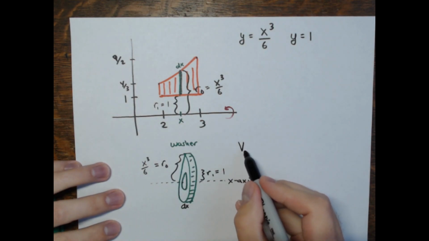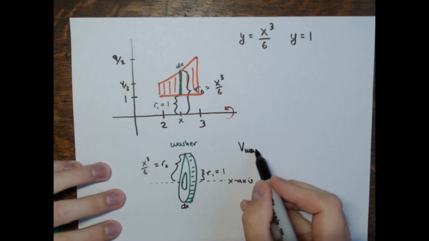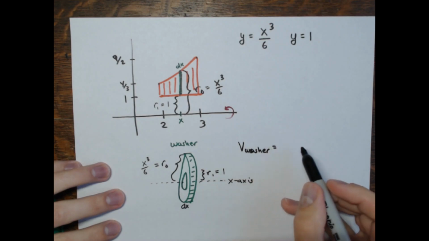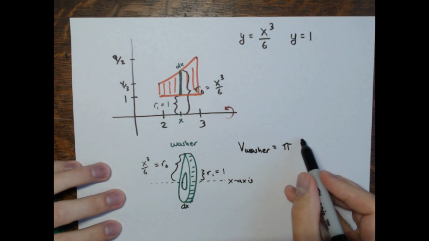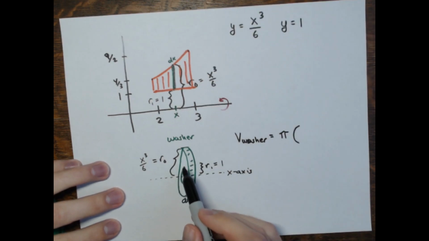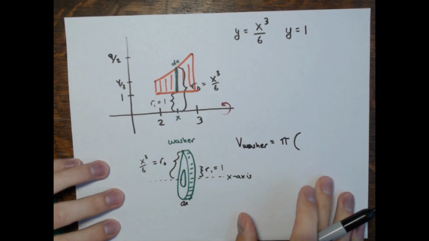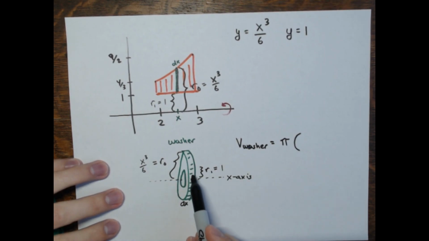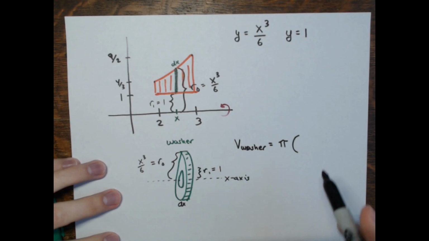All right, so the volume of just a single washer here, remember it's pi times the quantity. It's the area of the large circle minus the area of the small circle that's cut out, and then times the thickness.